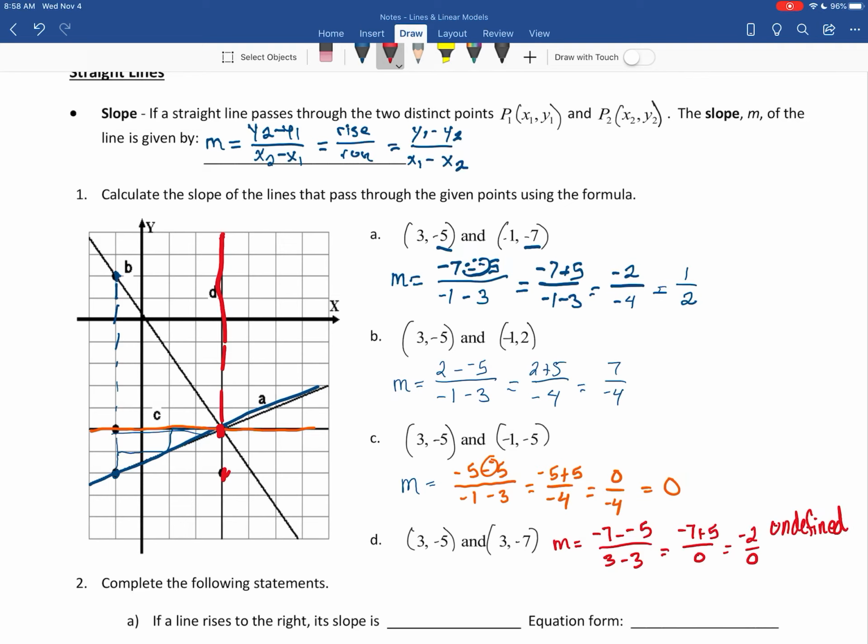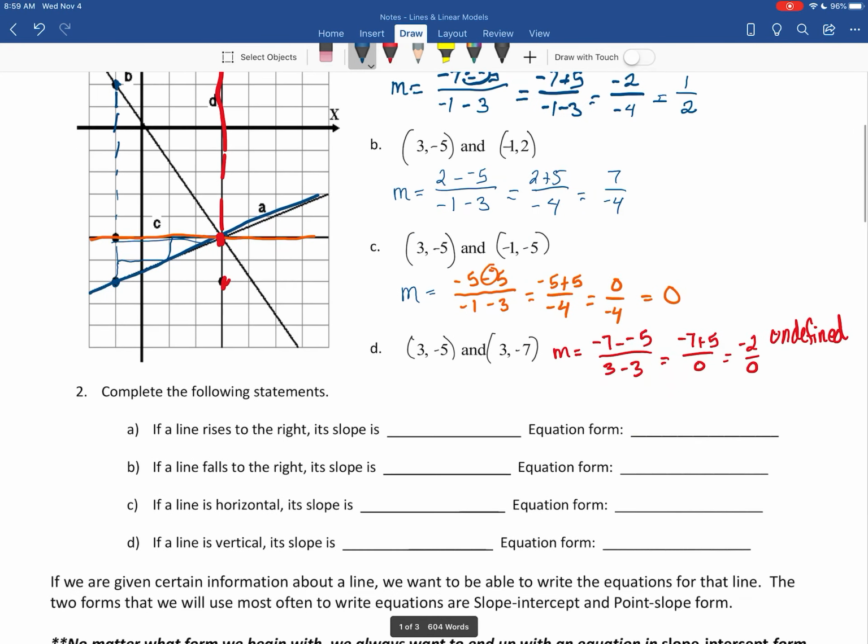So there is a very, very big difference between a 0 slope and an undefined slope, and they are not interchangeable. Undefined is for a vertical line, when there is no run, when there's no movement in the x direction. 0 is for a horizontal line when there is no movement in the y direction. So to summarize all of that, if a line is rising to the right, so if it is going up to the right, the slope is positive.